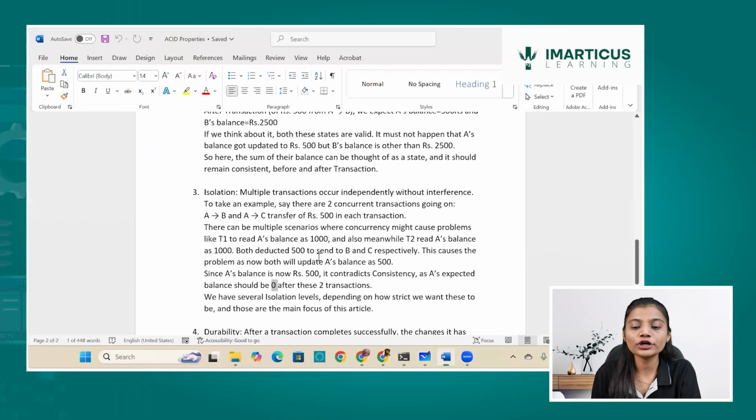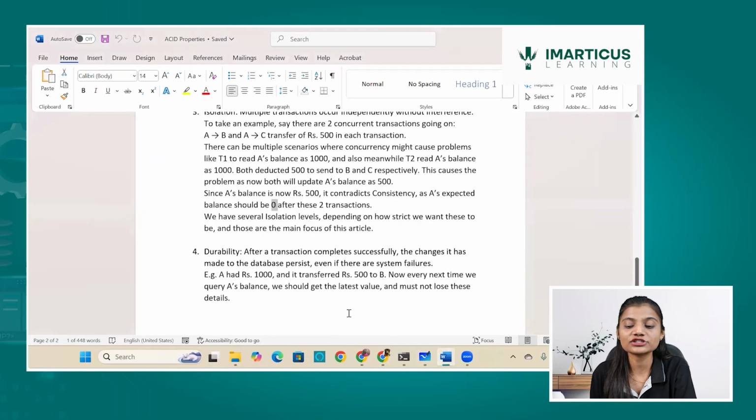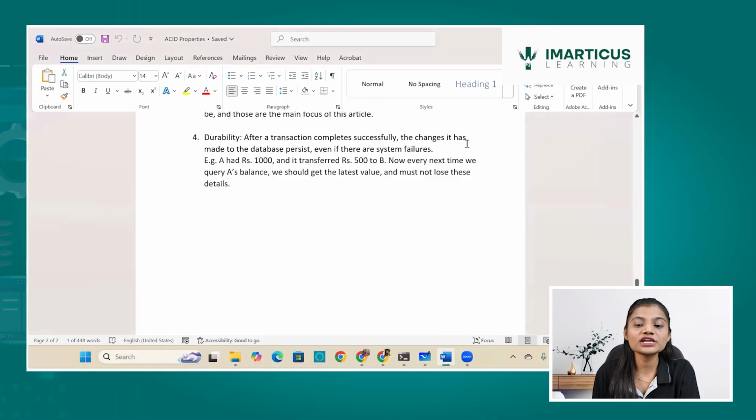So when I talk about durability, after a transaction completes successfully, the changes it has made on the database persist, meaning they are maintained, even if there are system failures. So even if the system fails, my transaction is a complete transaction and I can see that in the database.